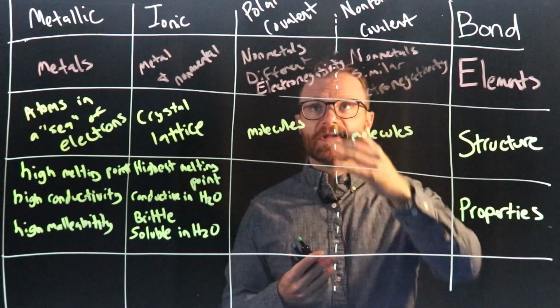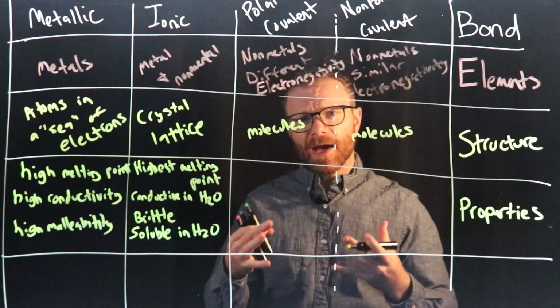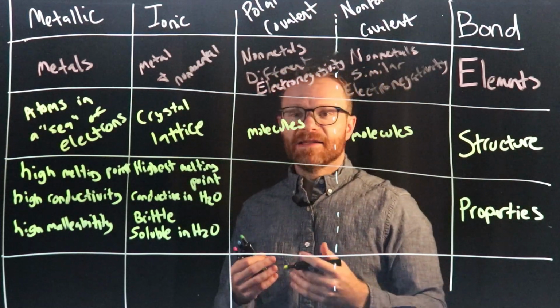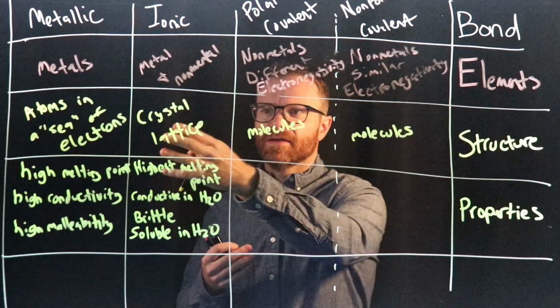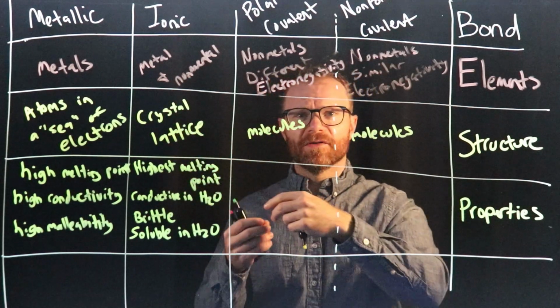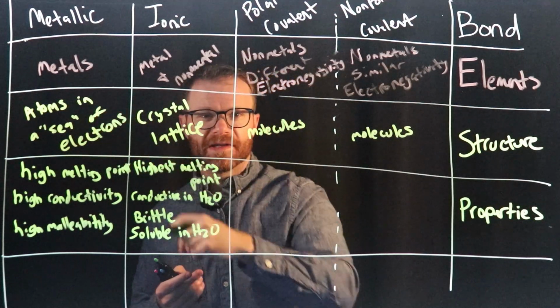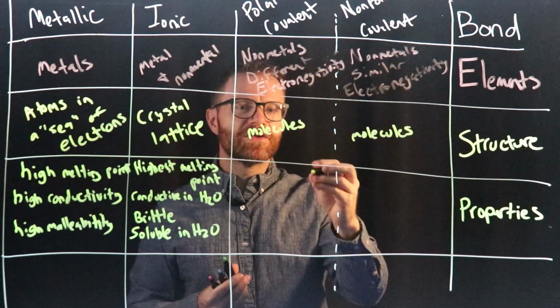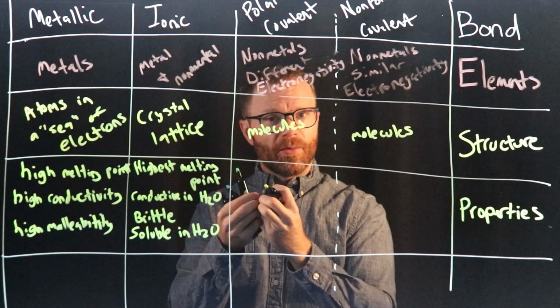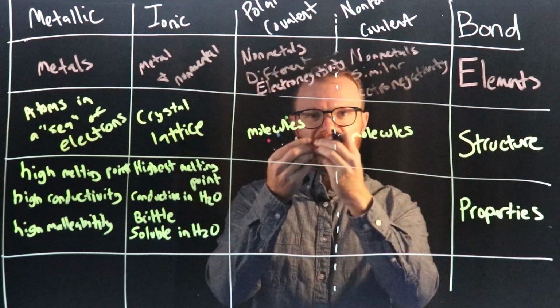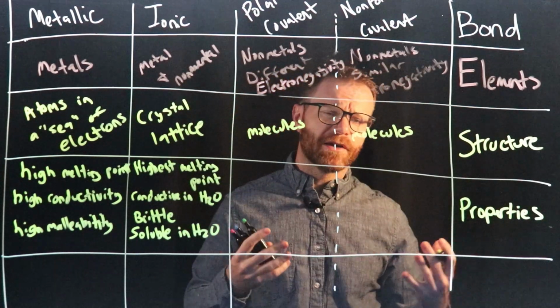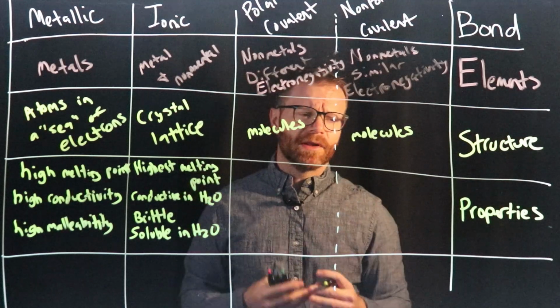So water, which is a polar covalent compound, if you have a glass of it, it's not a bunch of H's and O's stuck together in this big lattice or surrounded by a sea of electrons. It's individual little H2O molecules, a bunch of those all stacked together and held together with intermolecular forces that you'll learn about a little bit later.